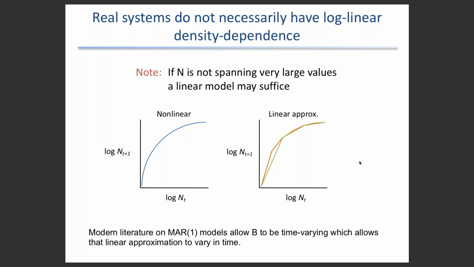They're still using the same model, but that B matrix is going to be different when population sizes are in one place, and then there's going to be a different B matrix in another place. And they're going to be trying to estimate what these B matrices are. So they're using this idea of this linear approximation.